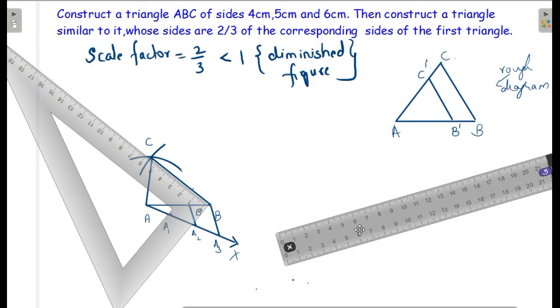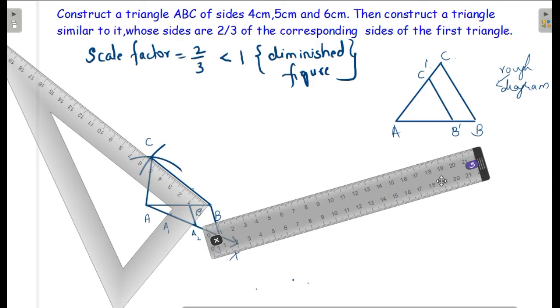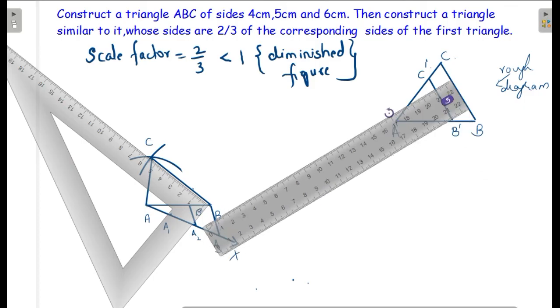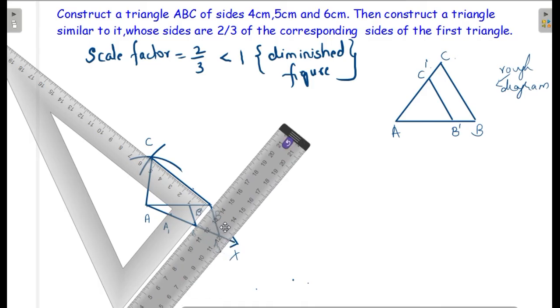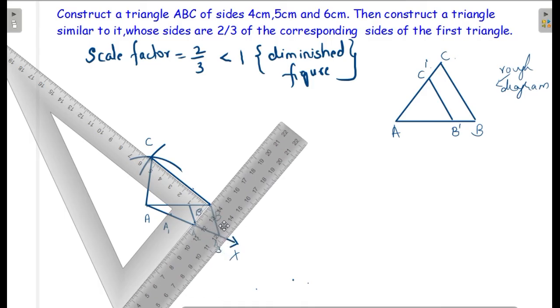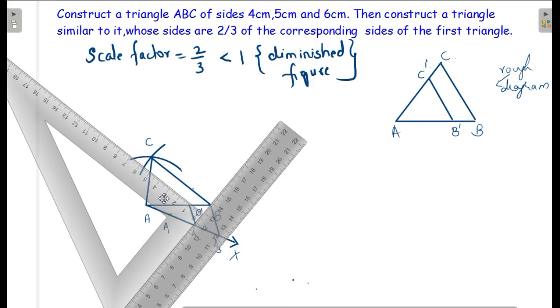Now we have to fix the position again of this set square using our scale. How do we do that? We will place the scale under this. Now the position of the set square is fixed. Now when we move this, all the lines that will be drawn will be parallel to BC.